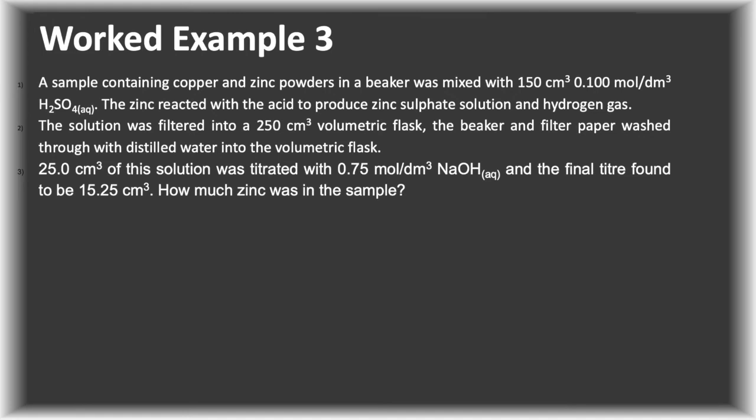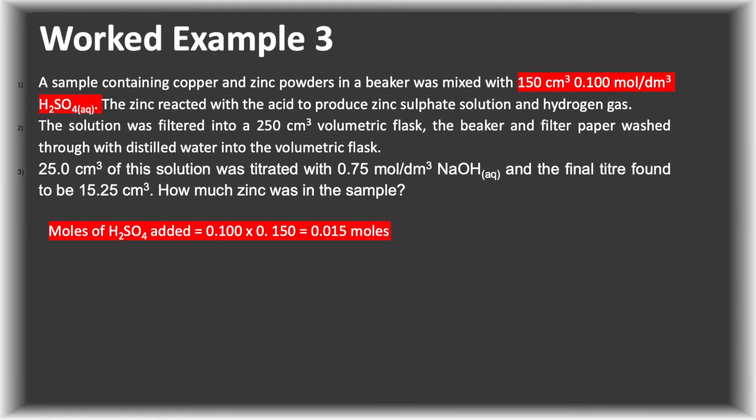Make sure that we've washed the beaker and filter paper thoroughly with distilled water so that everything is transferred to the volumetric flask, and make it up to 250 centimeters cubed. We can then extract 25 centimeters cubed of that solution using a pipette and titrate with sodium hydroxide, and we find the final titer to be 15.25 centimeters cubed, and we need to find out how much zinc was in that sample.